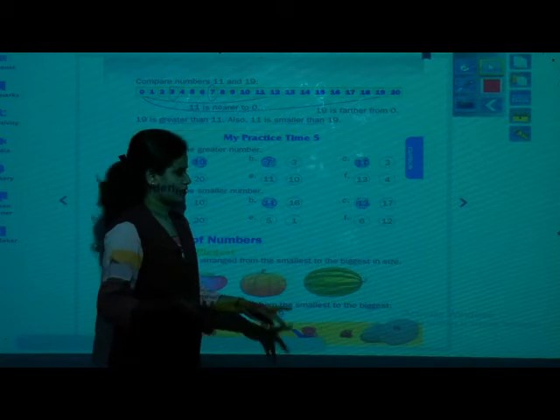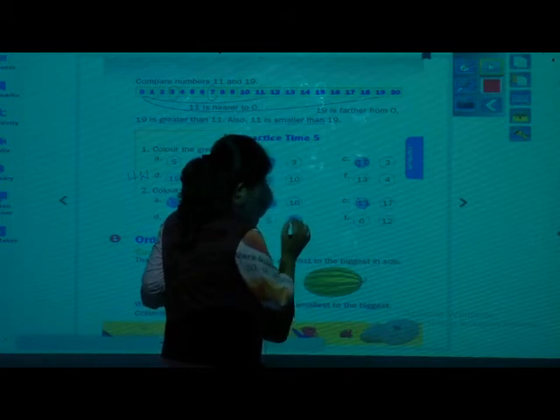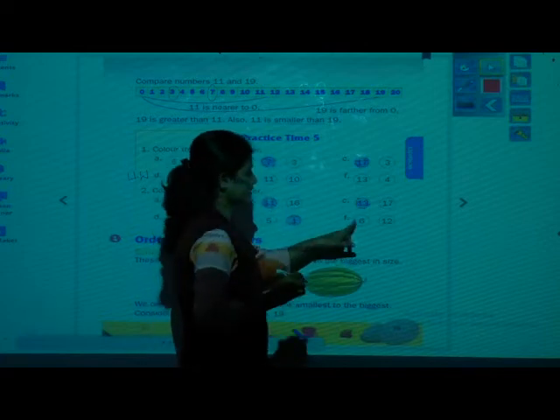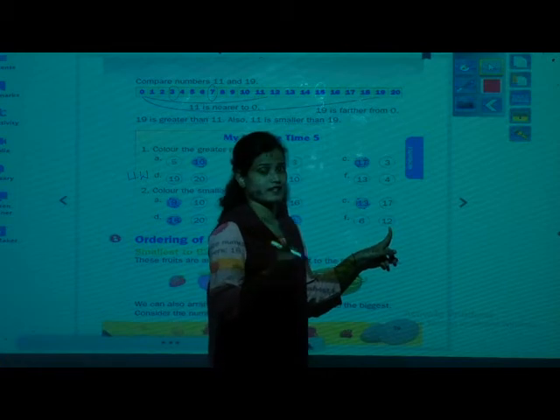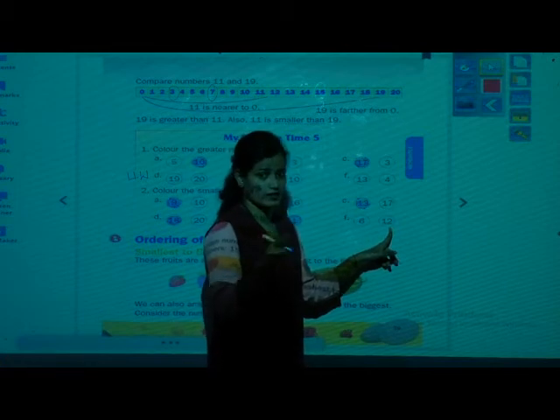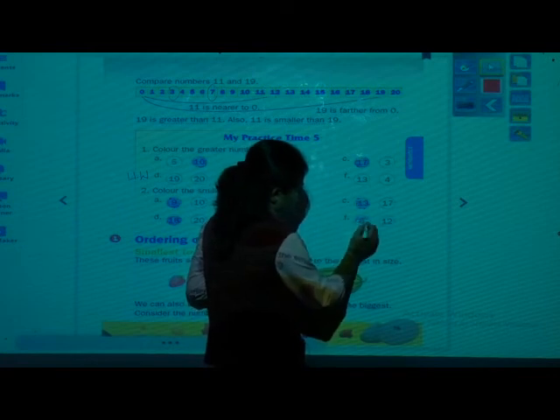Very easy. 1 is smaller. And 12. What did I say? A 1-digit number is small and a 2-digit number is bigger. So 6 is 1 digit, so this is small.